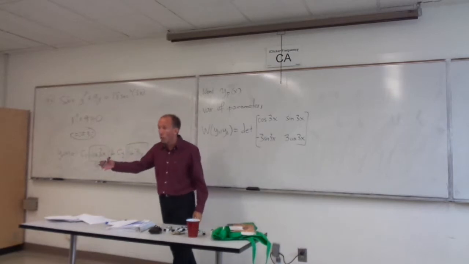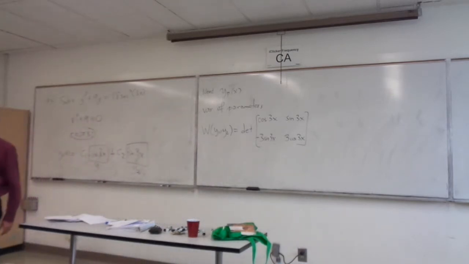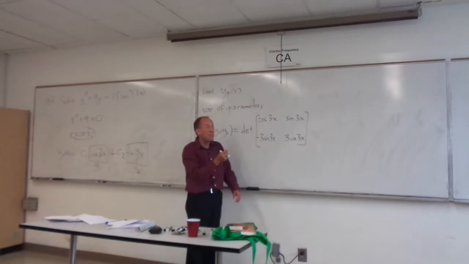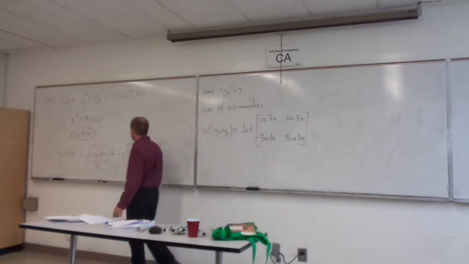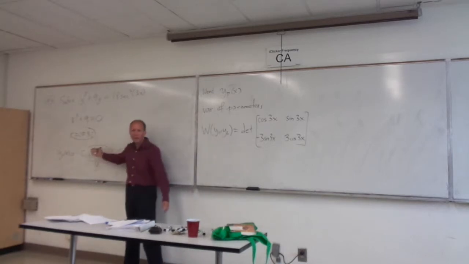Is it 0 always, or can it be made non-zero at some point? If there's even one value of x that makes it non-zero, then of course that just means these two functions are linearly independent. Of course, they clearly are, because there's just two of them and they're not multiples of each other.